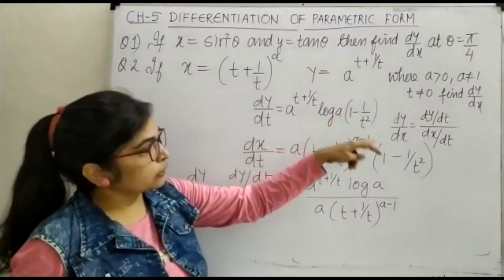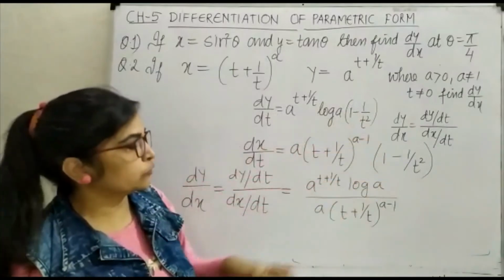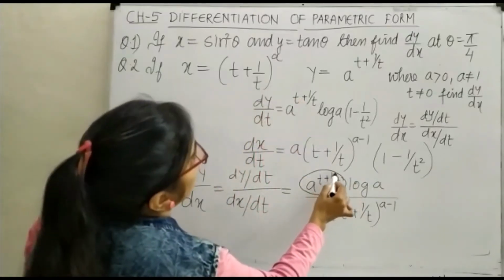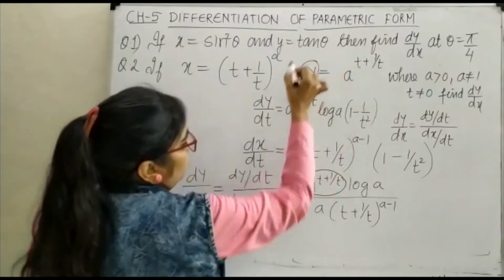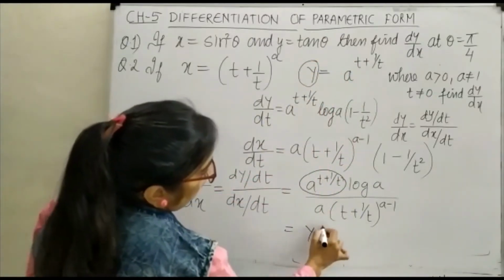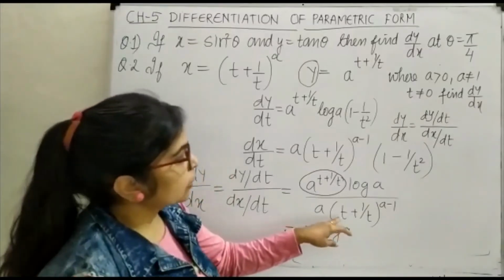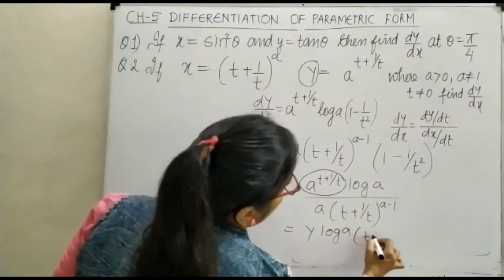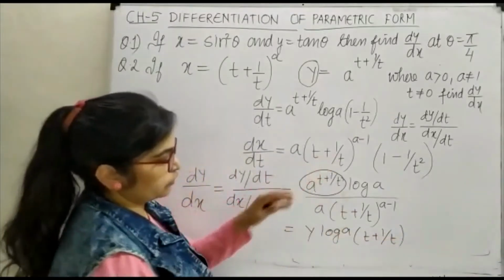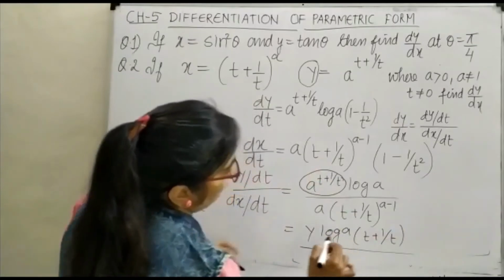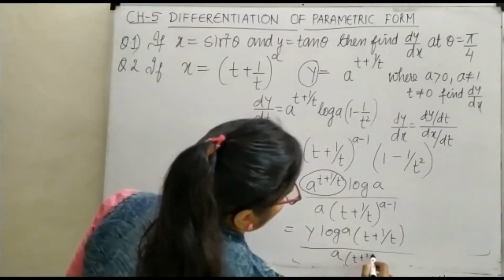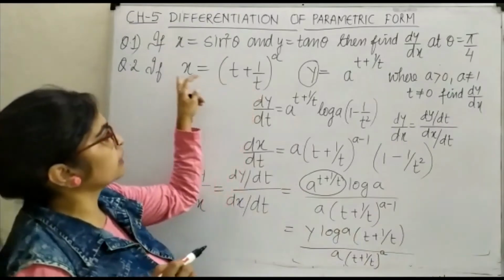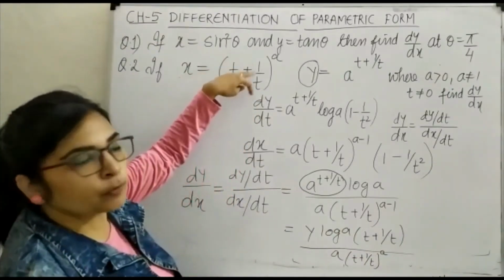Note that in both numerator and denominator there is 1 minus 1 upon t square, so this will cancel. Now this term, a to the power (t plus 1 upon t), can be replaced by y, and this becomes y log a. The (t plus 1 upon t) to the power a minus 1, when you bring it to the denominator, leaves a times (t plus 1 upon t) to the power a in the denominator. We did this to the power a so that later we can replace it with x, because the value of x is (t plus 1 upon t) to the power a.